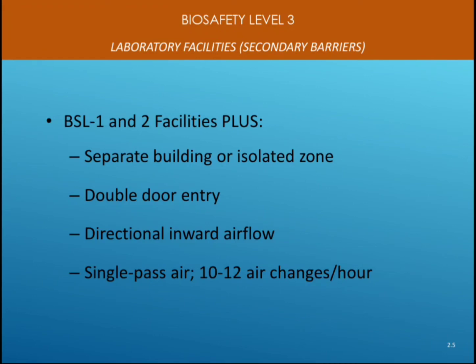BSL 1 and 2 facilities should be there, plus a separate building or isolated zone. Then double door entry should be there. Directional inward airflow should be maintained, and single pass air, 10 to 12 air changes per hour. Means what? Air should be changed in an hour, 10 to 12 times.